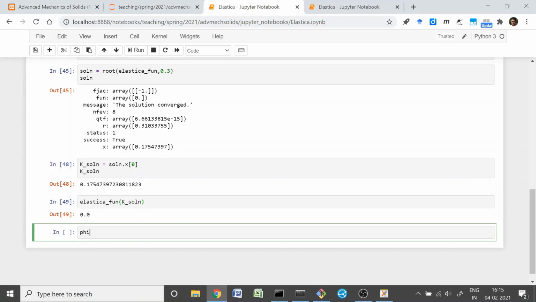Okay, so for phi, I'll put the range here, minus pi by 2 to pi by 2, and let's say I want to divide this entire range, which is basically pi.